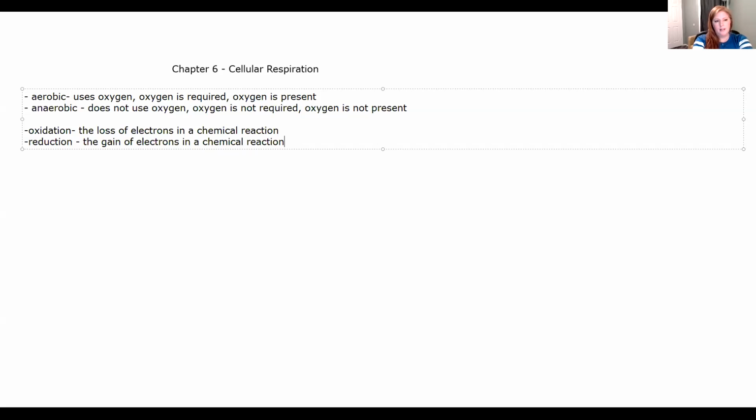So when you think about the word reduction, think about it reducing the positive charge because it's gaining electrons. When an atom picks up more electrons, it becomes more negative, so it reduces the positive charge on the atom. That's where the term reduction comes from for this process. Okay. All right.